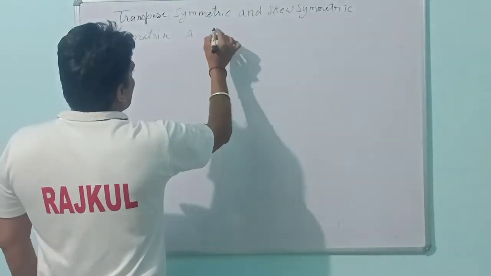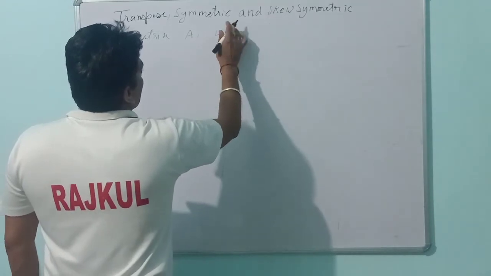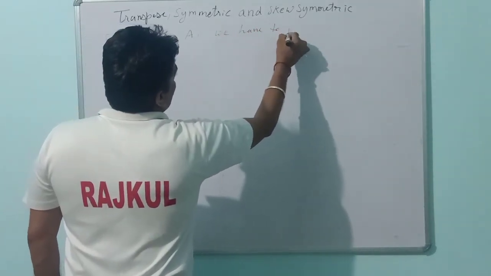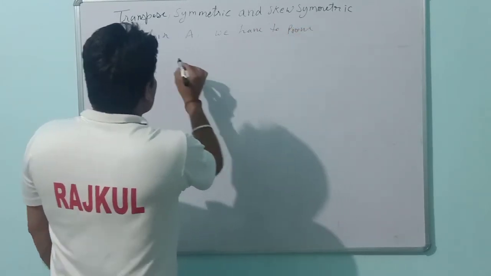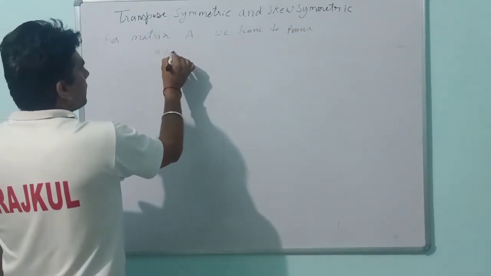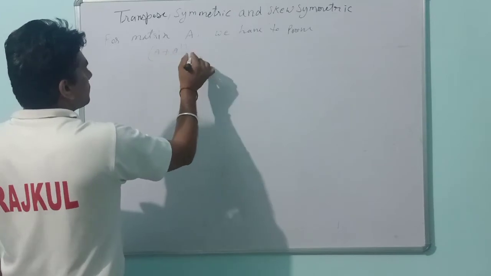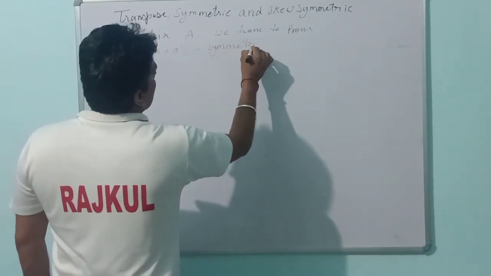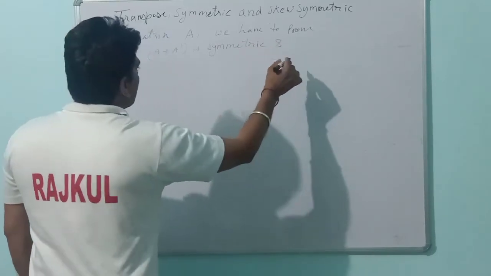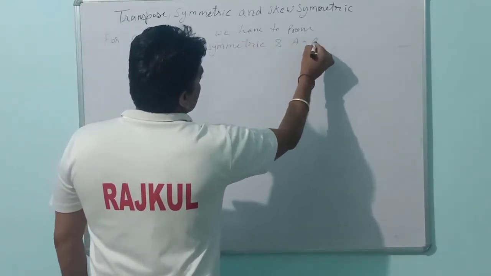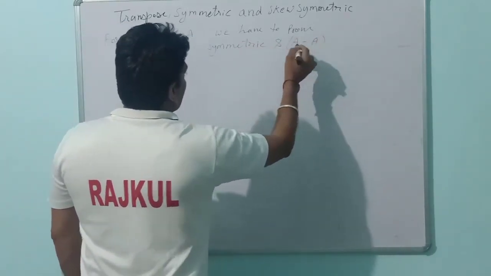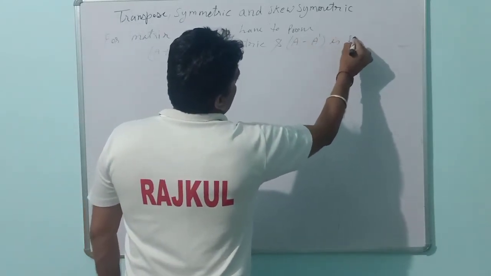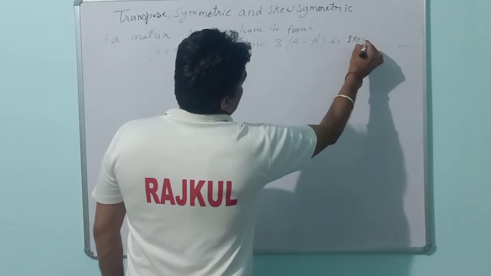We have to prove A plus A transpose is symmetric and A minus A transpose is skew symmetric.